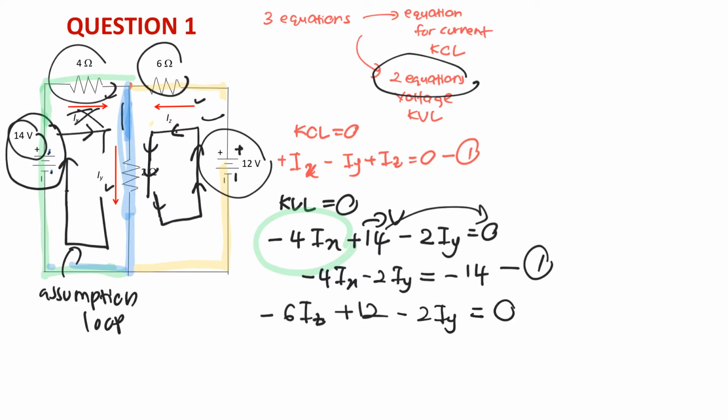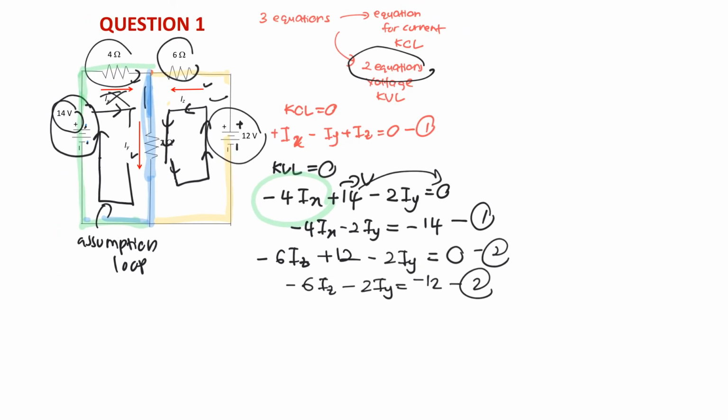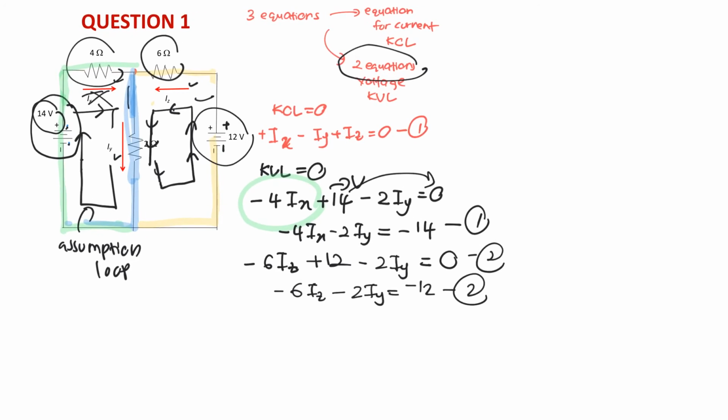But as you can see, even though we have the same Iy here, you cannot solve like that because you still get unknowns. So I'm going to make it simple here: negative Iz minus 2Iy equals to negative 12. This is going to be your second equation. All the equations that you get here are going to be used to find the unknowns.